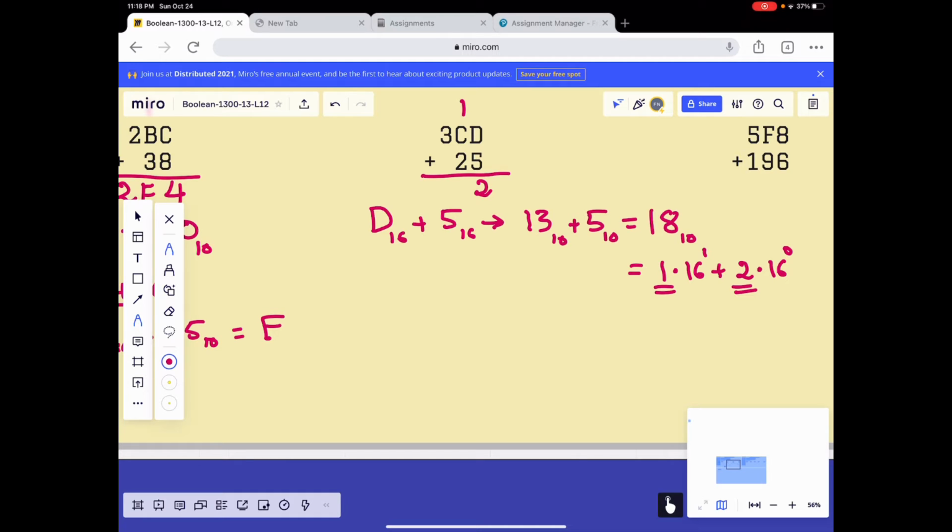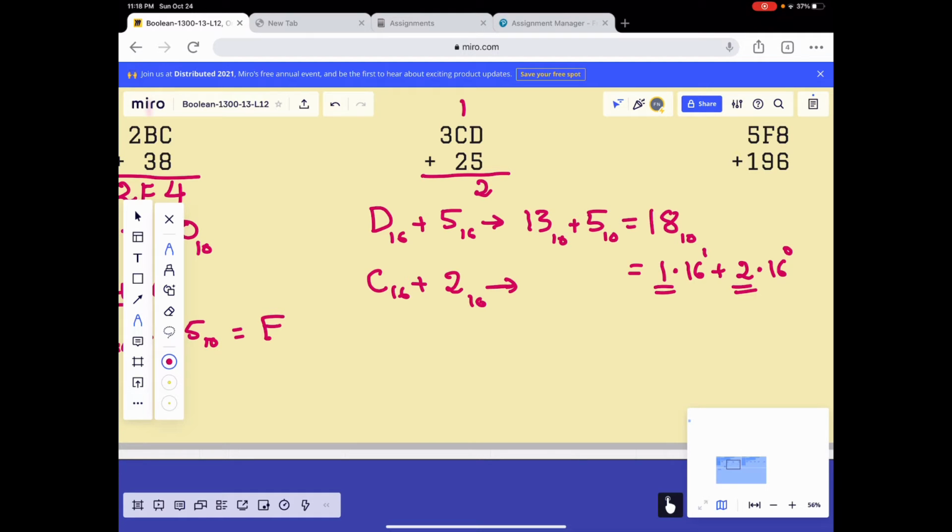And next column I put down C plus 2, convert back to decimal.